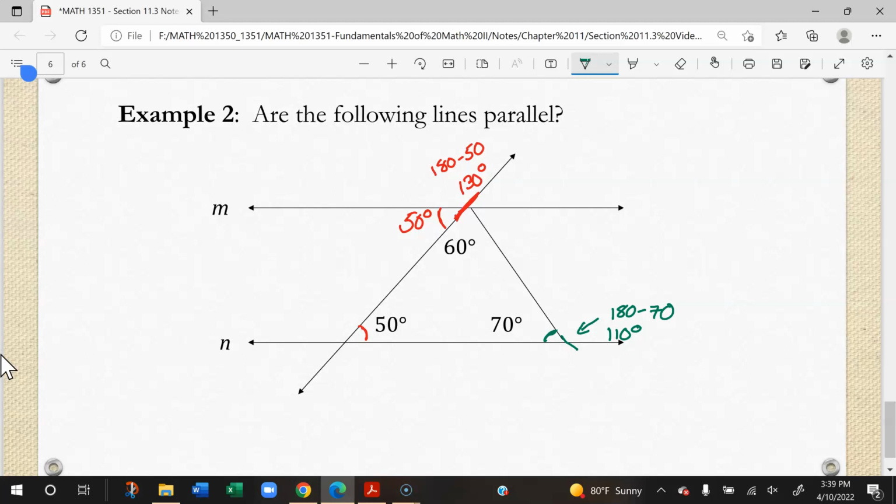Now, based on transversal, this angle and this angle would be congruent, so that would be 70 degrees.